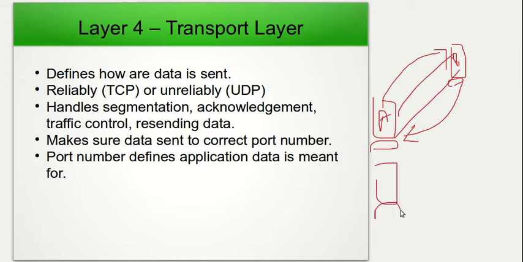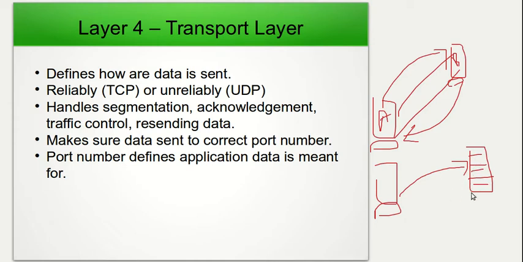So essentially, let's say we're trying to send data to this web server. Now this server is not only a web server, it could also be an FTP server, a DNS server and a DHCP server. When the data gets to this destination device, how does this server know that this data is meant for the web server application on it and not the FTP server or the DNS server?